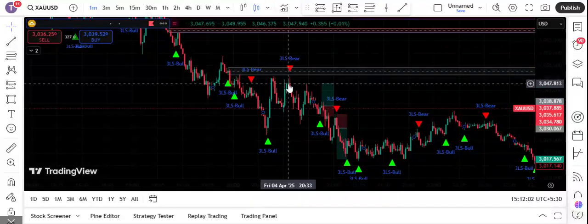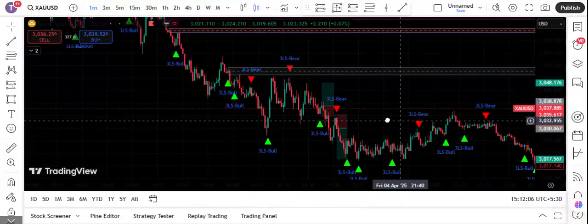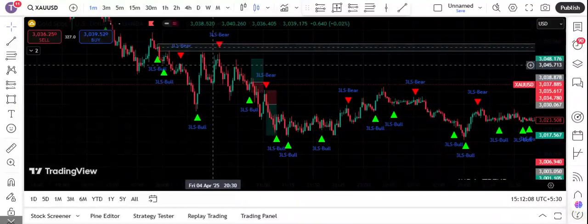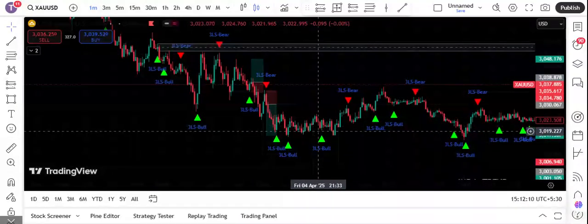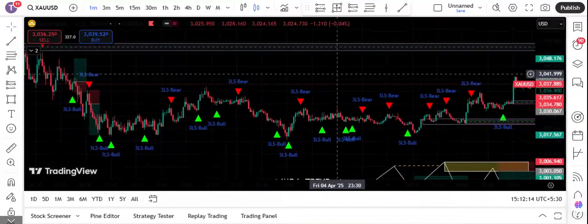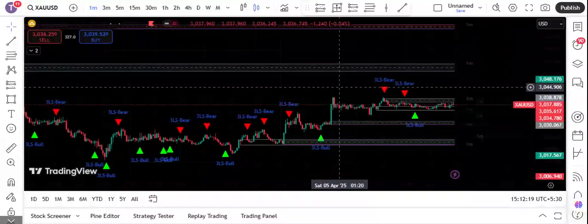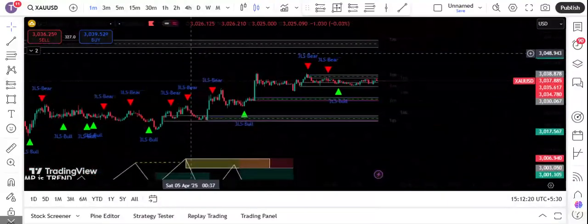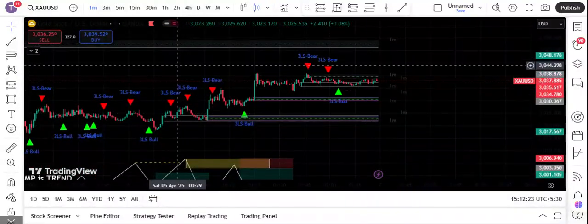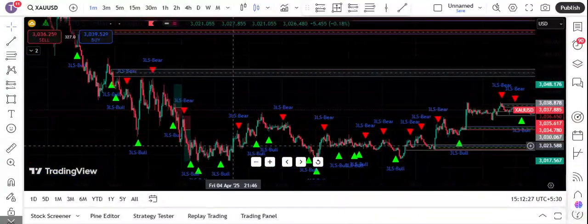Somewhere here your entry might be. But after 8:30 the price starts to consolidate, volume dries up, and that's the reason it's not advisable to trade after 8:30. Right now it's the weekend, and so the market is closed.